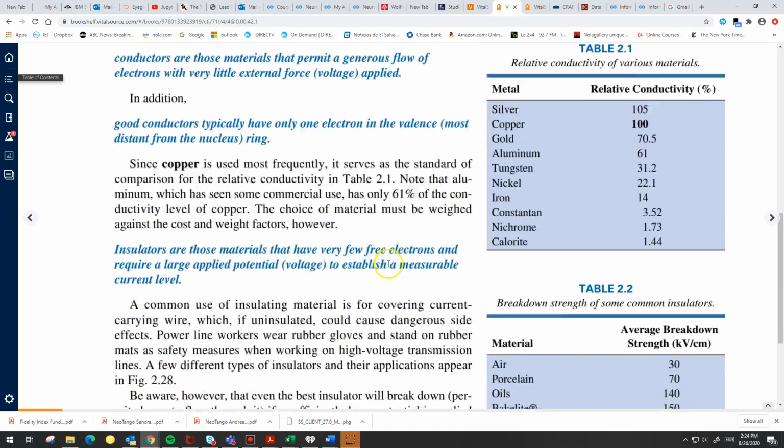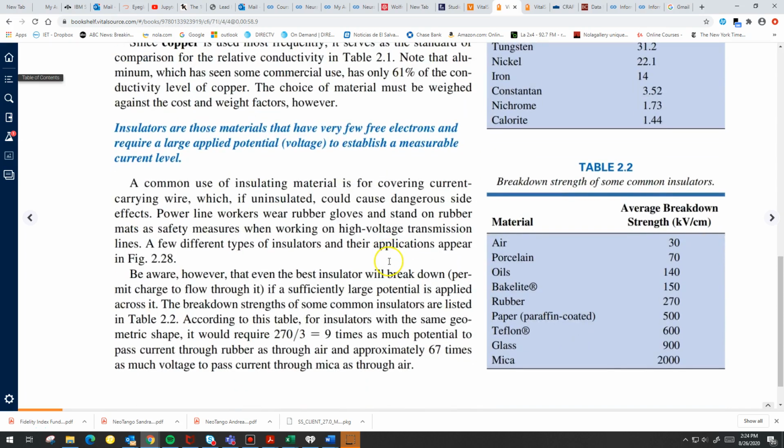So a conductor is a material that allows current, electrons, to flow very easily. On the other hand, you're familiar with the concept of an insulator. Well, an insulator is the opposite, right? Insulators allow very few electrons to flow. Air is an example of an insulator, porcelain, oils, and so forth.